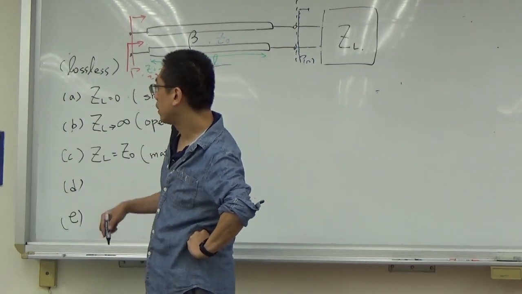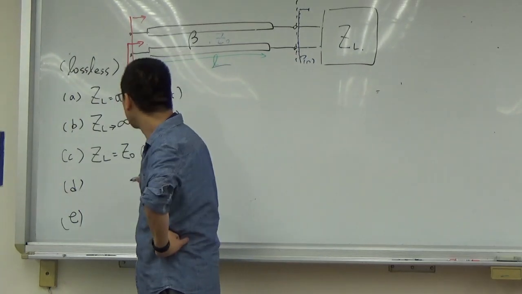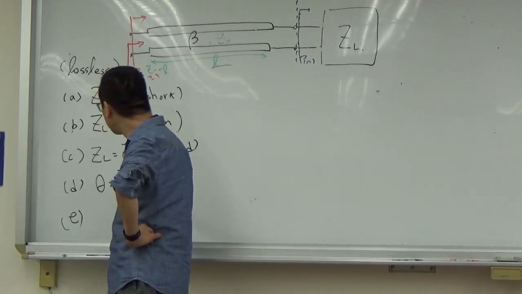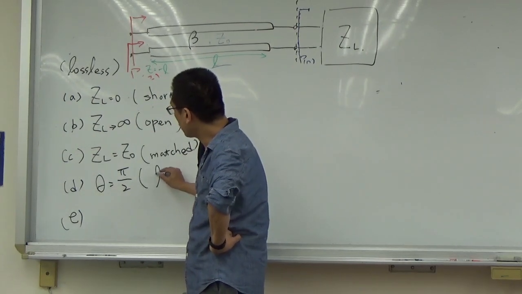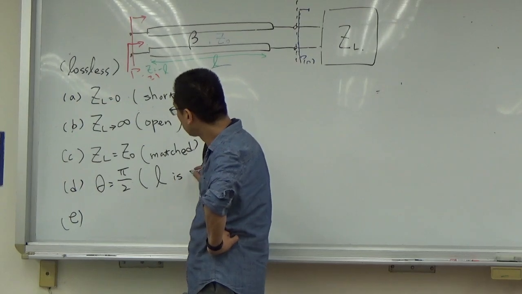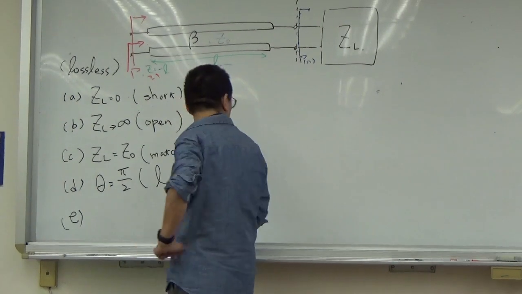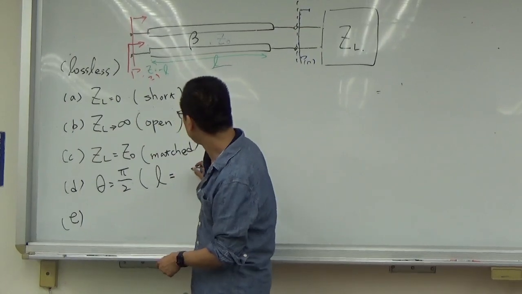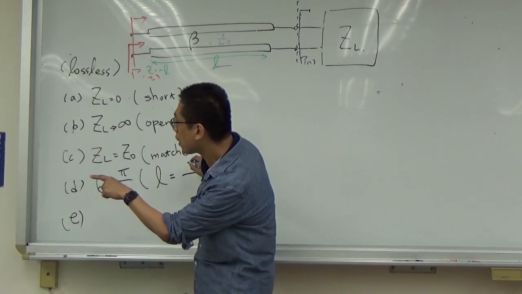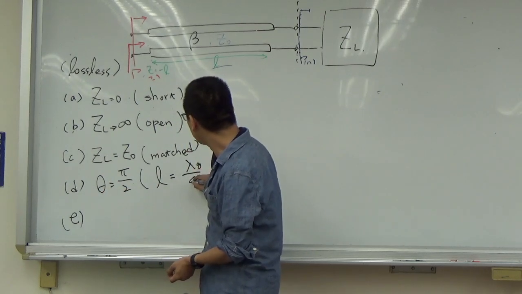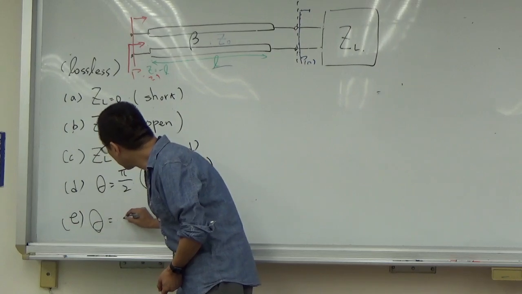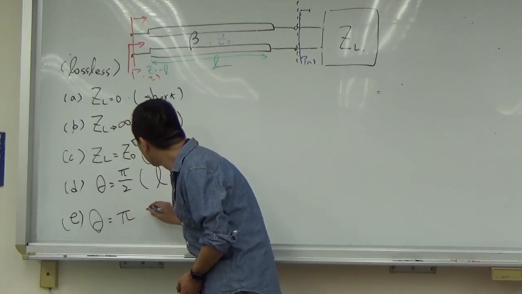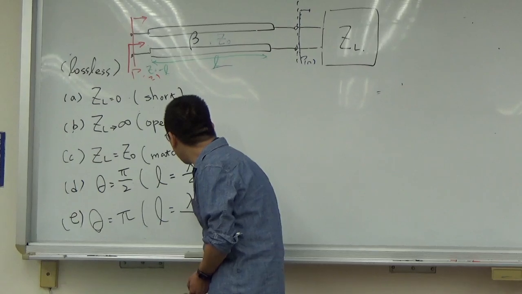So for that one, if theta equals pi over 2, your L is lambda g over 4, and if theta is pi, your L is lambda g over 2.